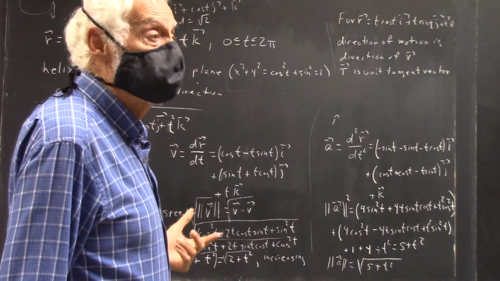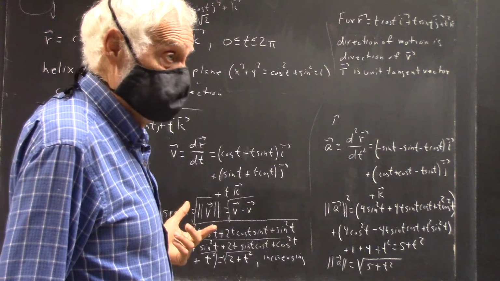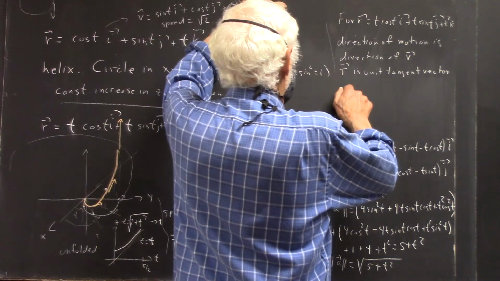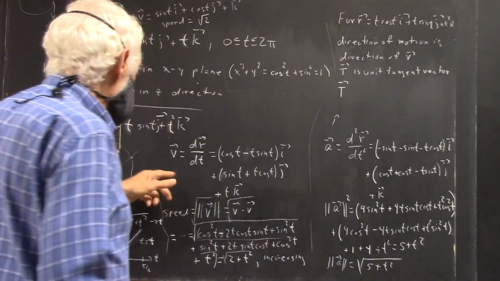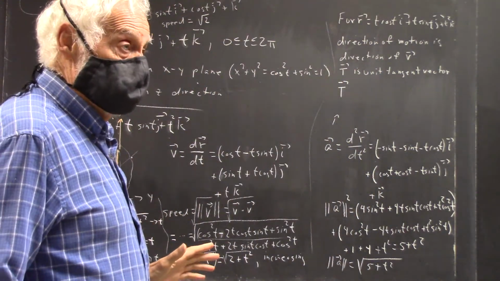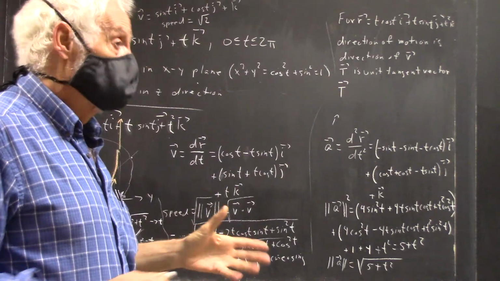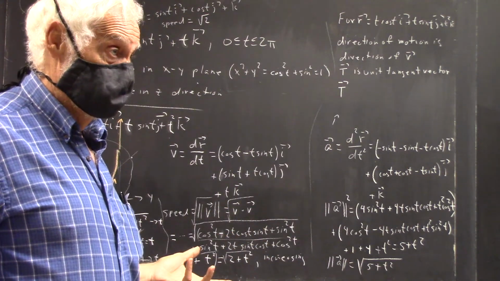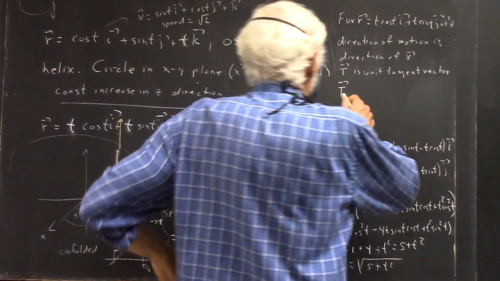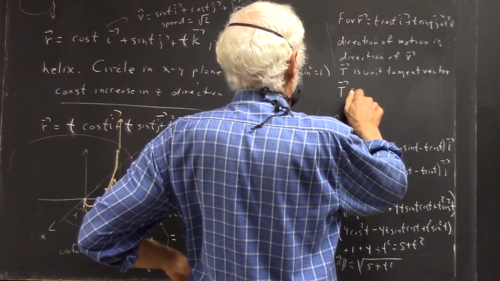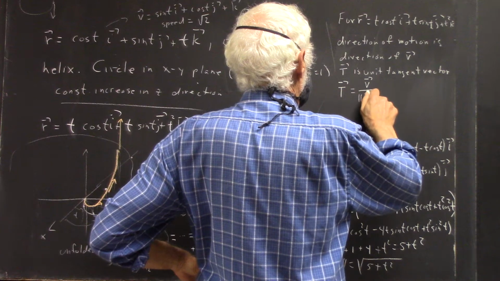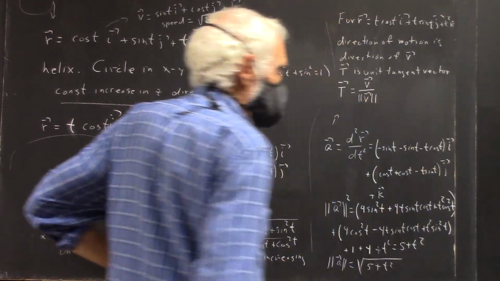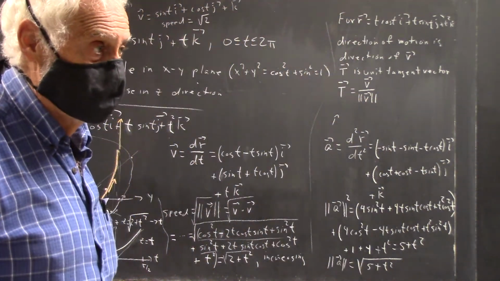Divide the velocity by the speed, okay? So it makes sense. Since, again, the velocity is tangent to the curve, and you want a unit tangent vector because it's easy to work with, then T is just your velocity divided by its magnitude.